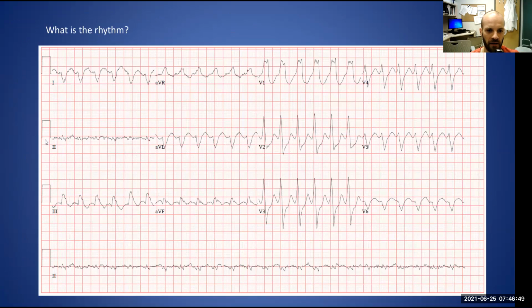So in this case, in V1, V2, V3, we've got large positive and negative deflections. In lead 2, it's pretty much flat. And you're absolutely right. It's because from the perspective of lead 2, the waves of electricity are moving almost perpendicular from the perspective of where lead 2 is looking.